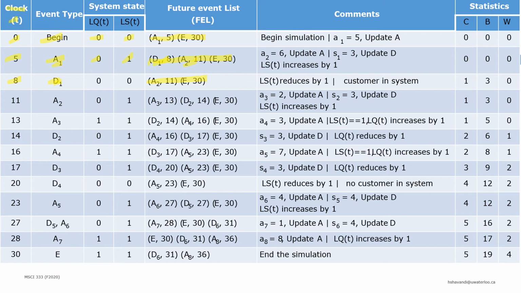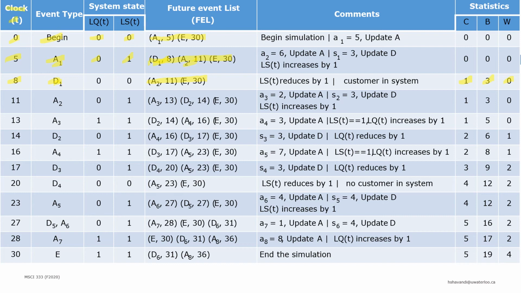The cumulative completed services becomes 1, and the cumulative server uptime is 3 minutes. We are at time 8 and the server was free for the first 5 minutes, so the uptime is just 3 minutes. The cumulative waiting time is 0.